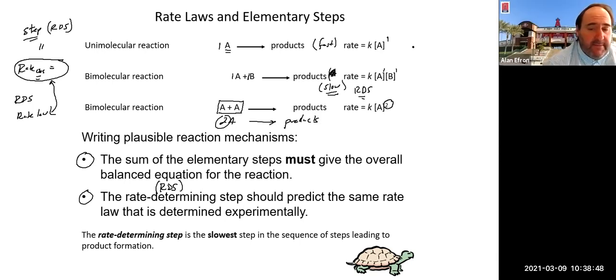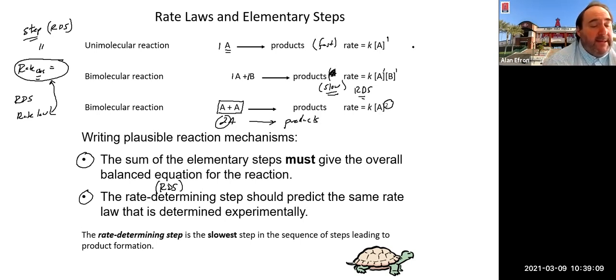Yeah, so there's a couple of different types of mechanism problems. There's one where they won't label each step, and they won't say, hey, this is the fast step or this is the slow step. In those situations, what they will tell you is the experimentally found rate law.